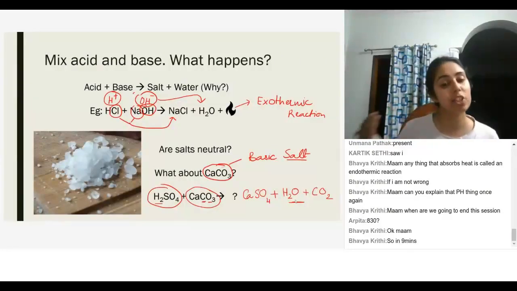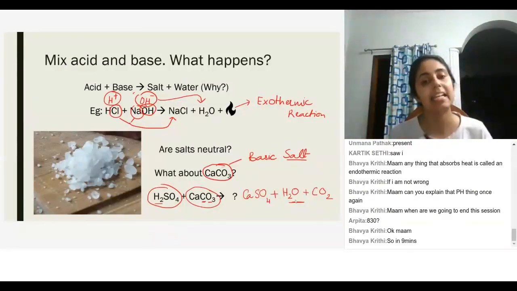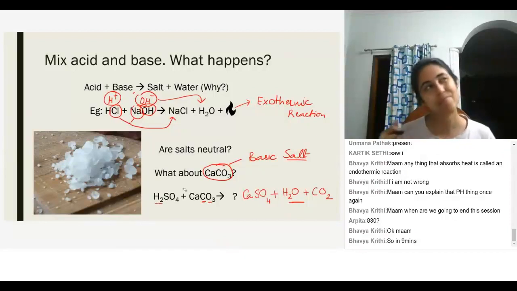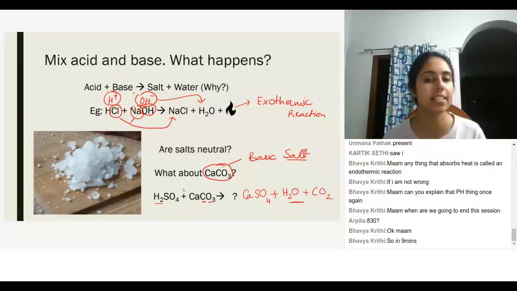If the salt does not react with the acid, it is either neutral or acidic in nature. So that is one way to test. So if it doesn't react with an acid, then we can keep it in a base and check. Yes. And if it is not reacting in either of those situations, then it is a neutral salt.